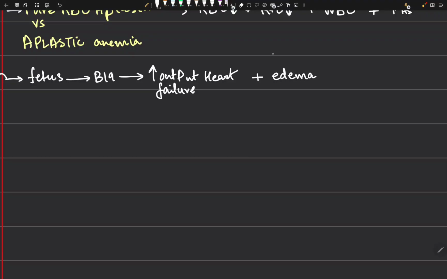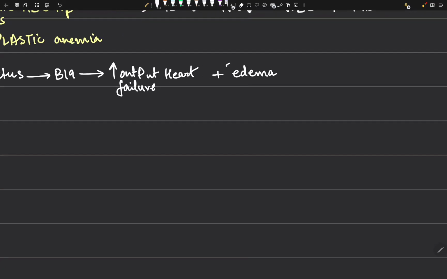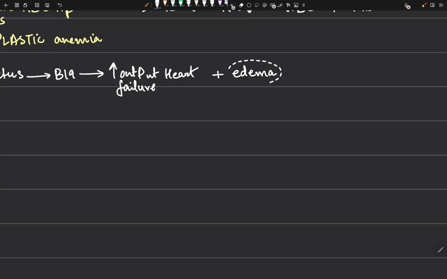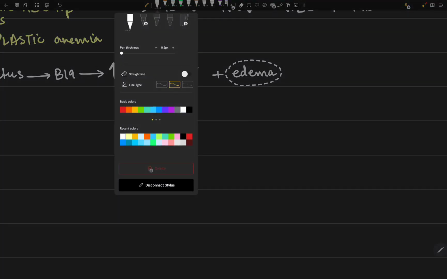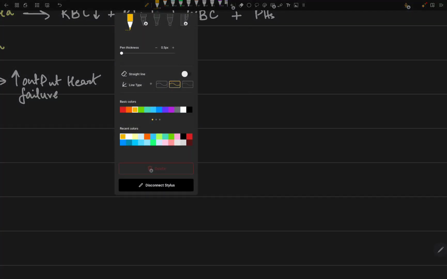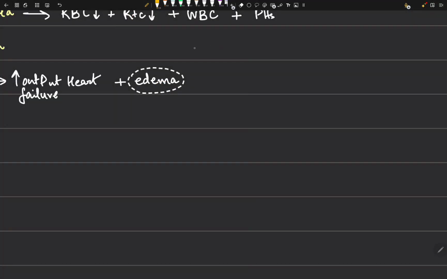And this presentation of edema is called hydrops fetalis.